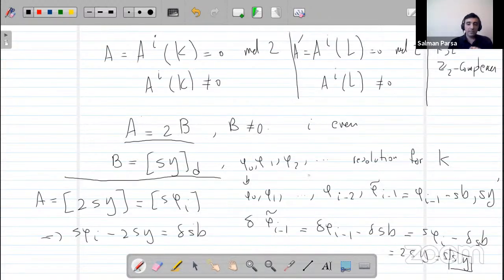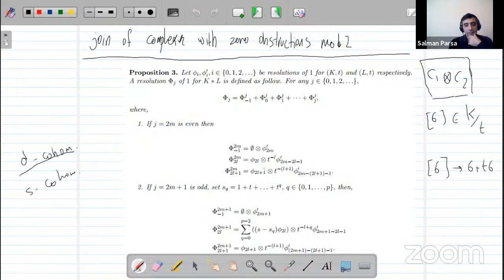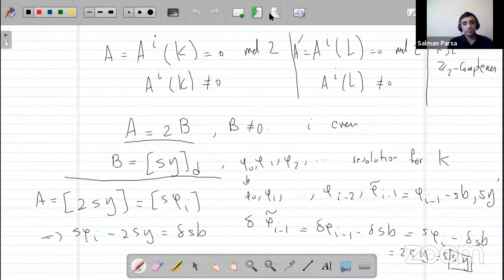And now with this, we can do it similarly for L. And now we have two terms of the resolution. If you go to this formula, okay, I actually have this computation.